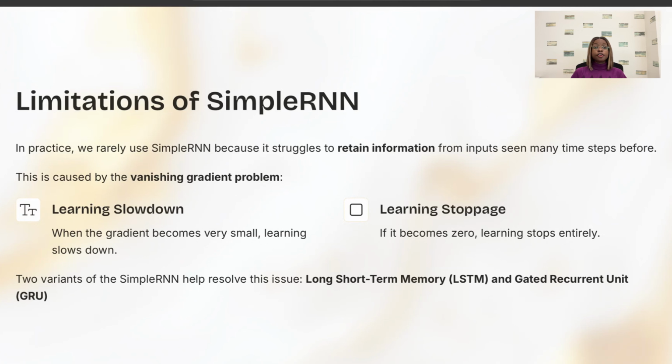Now, there are limitations of this simple RNN, because what we've been talking about is the simple RNN. It struggles to retain information from inputs seen many time steps before. Each input in the sequential data is a time step or a token.